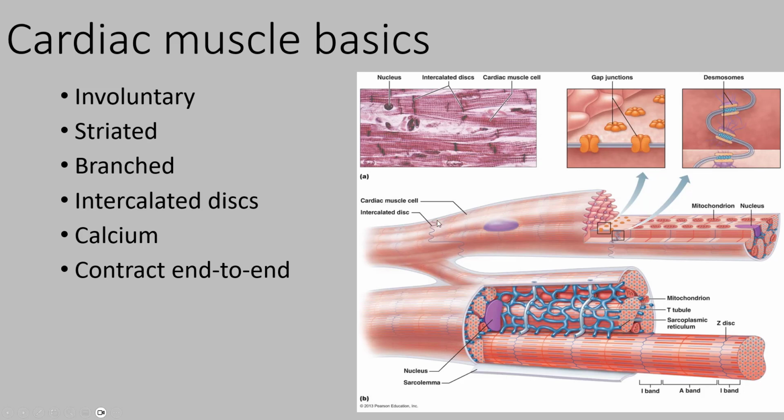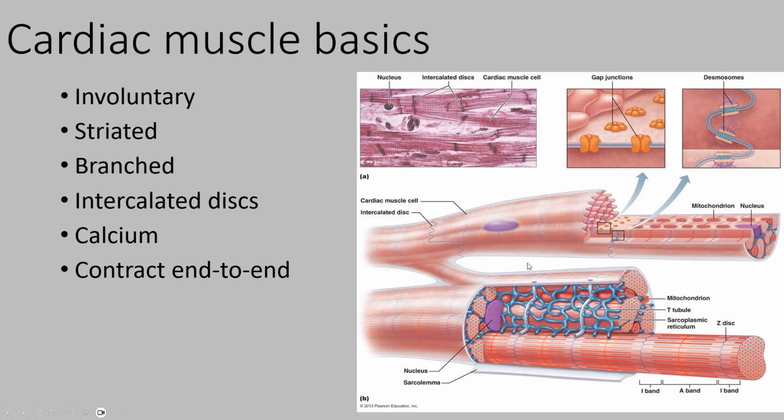And the muscle cells join end to end with each other at the intercalated discs. At the intercalated discs, we have gap junctions and desmosomes. Desmosomes hold them together. Gap junctions allow that action potential to pass very, very efficiently between the muscle cells.